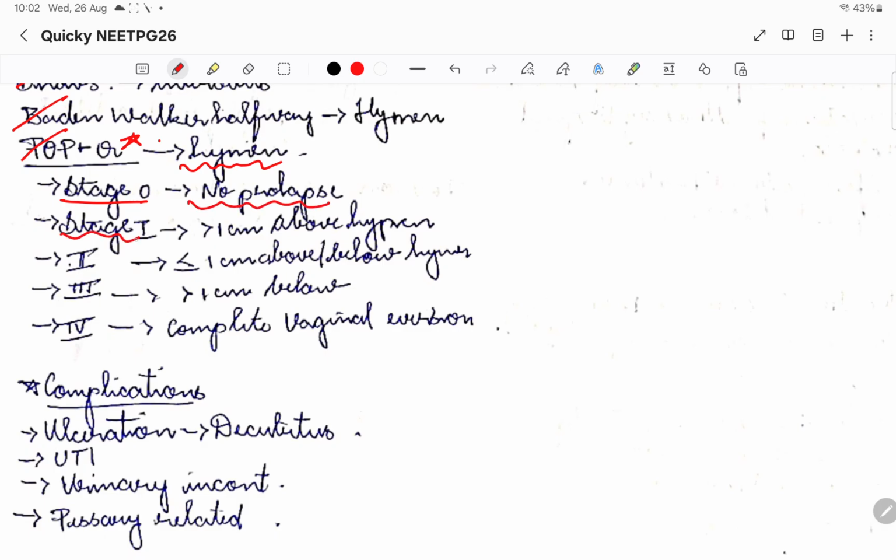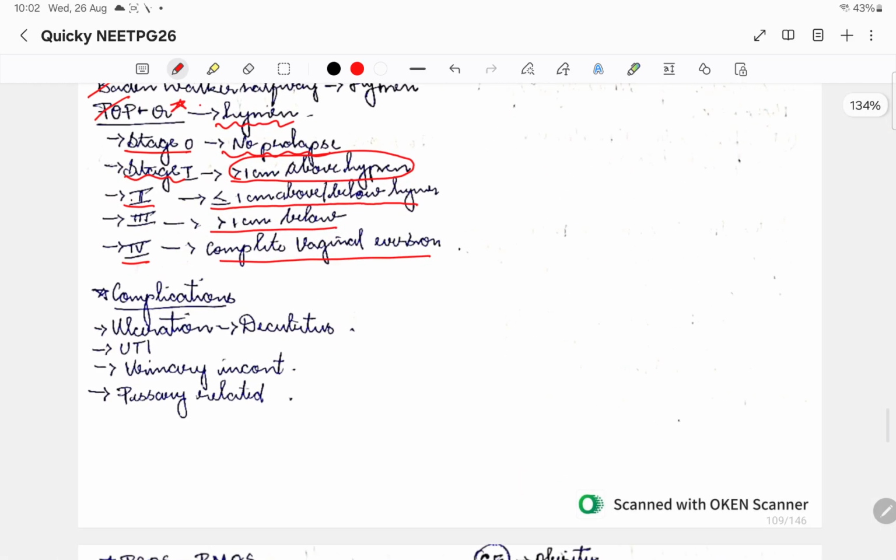Stage 1 means it is more than 1 centimeter above the hymen. Stage 2 is at or within 1 centimeter below or above the hymen. If it is more than 1 centimeter below the hymen, it is stage 3, whereas stage 4 is complete vaginal eversion. So this is the staging of POPQ classification.